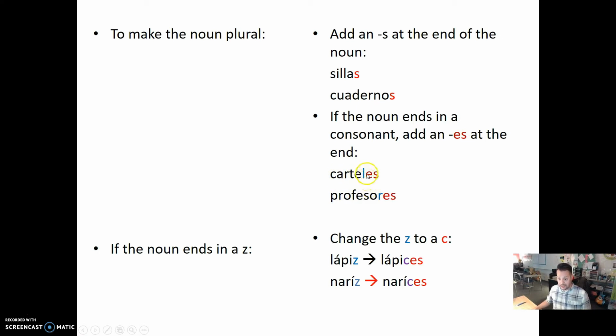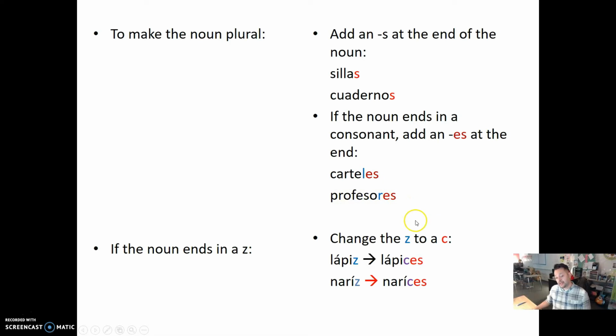The word cartel ends in a consonant, the letter L. So don't just add an S, add an ES. So now you got carteles. All right. Profesor also ends in a consonant. Add an ES to the word profesor. Now you got profesores.